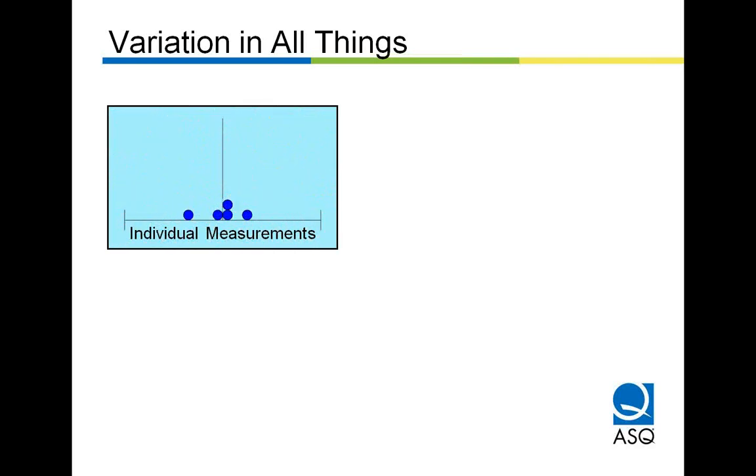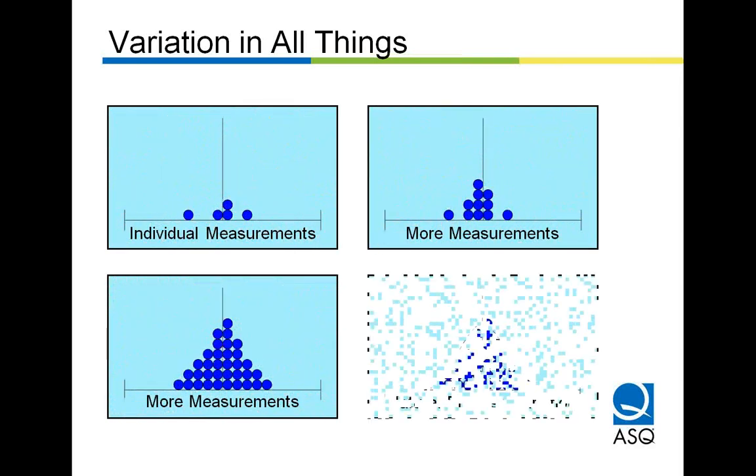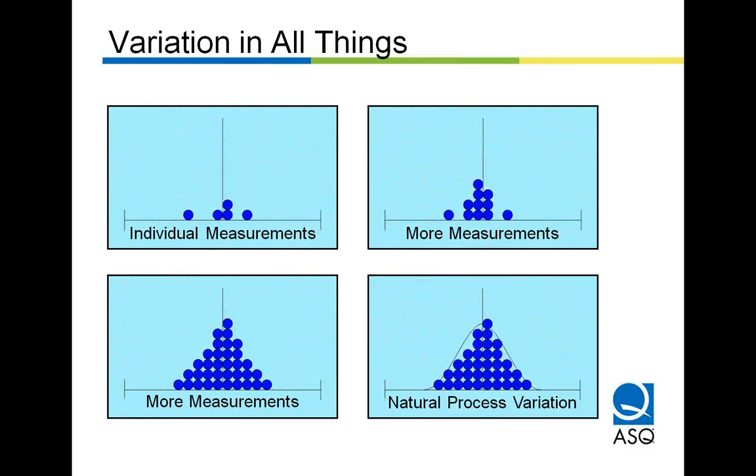So there's variation in all things. That's what we're talking about when we're looking at the initial process studies of a PPAP. So we take some measured values, and we take a few more and a few more and a few more, and after we have a representative sample, then we can describe what's sometimes referred to as the natural variation inherent in the process.